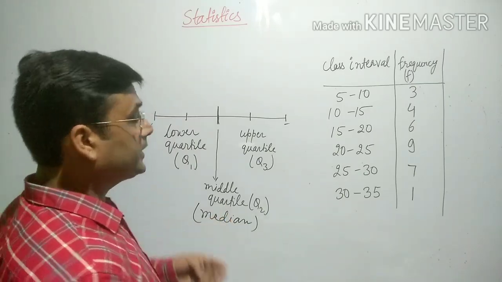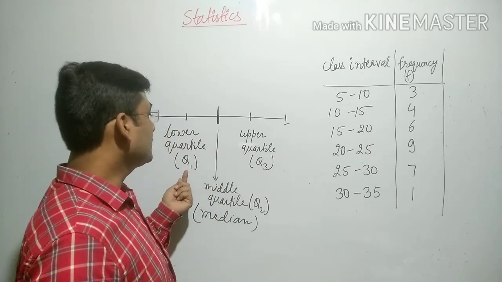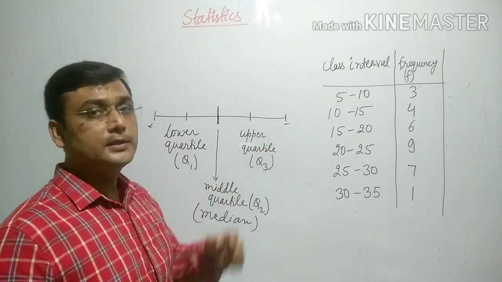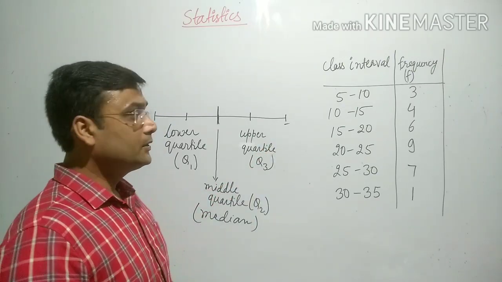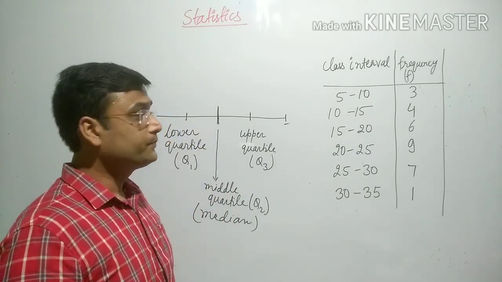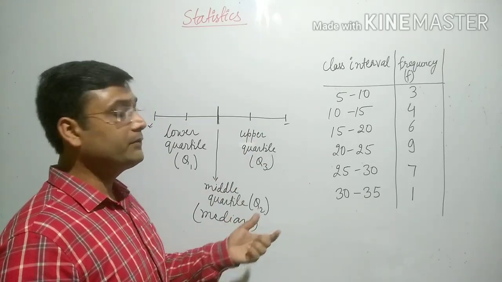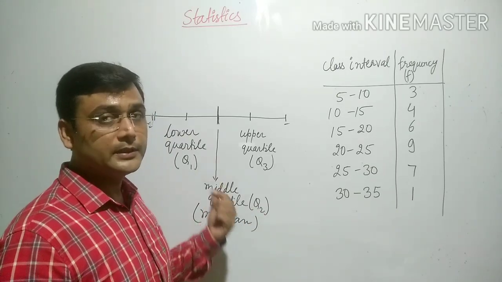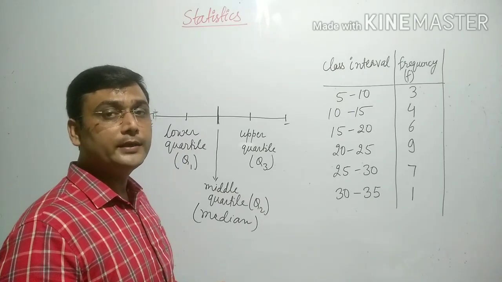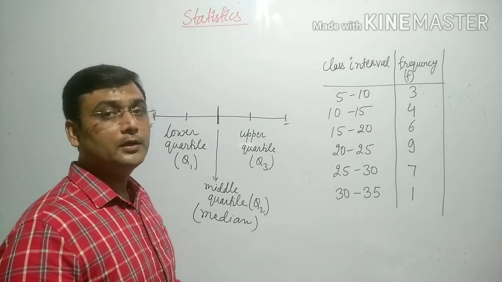So we will try to understand how we will find these 3 parts, that means the lower quartile, upper quartile and the middle quartile, that means the median, for this data with the help of the ogive. For doing that, whatever we did in the previous video, we will find the cumulative frequency, then we will create the sets to represent on the graph paper, and then when we locate those points, we will draw with free hand, and that will be the ogive.